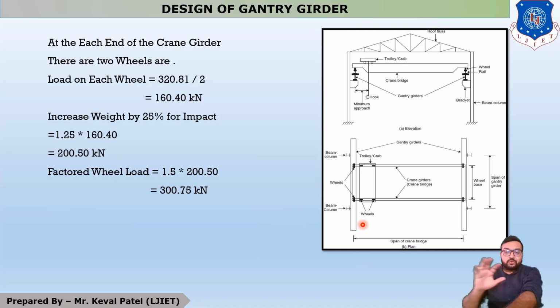Now you have to assume at which point your wheel is moving and at that time your shear force is maximum. You all know that if your crane girder is stopped at the center, then the shear force at both ends is similar and it is half-half.